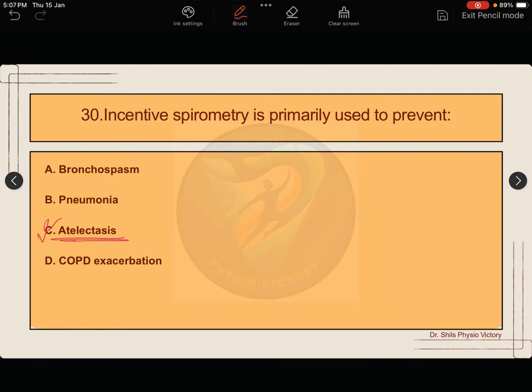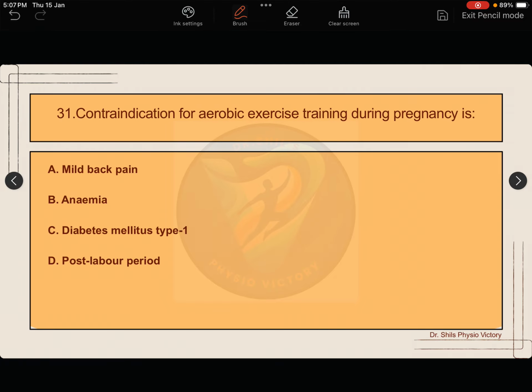Next, come to question number 31. Contraindication for aerobic exercise training during pregnancy is option A mild back pain, option B anemia, option C diabetes mellitus type 1, option D post labor period. Here the correct answer is option B, anemia.